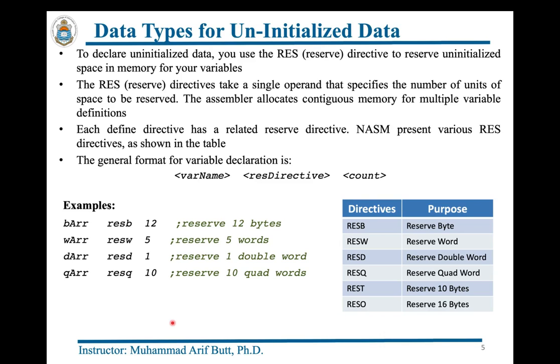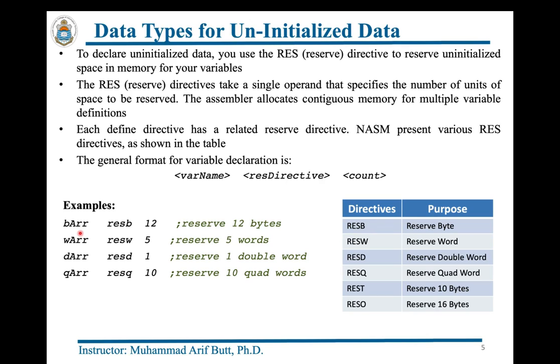Every define directive also has a corresponding reserve directive that can be used to reserve uninitialized space in memory for variables. And this table over here describes the different reserve directives: RESB reserve byte, RESW reserve word, RESD reserve double word, and so on. And these are some examples for understanding.